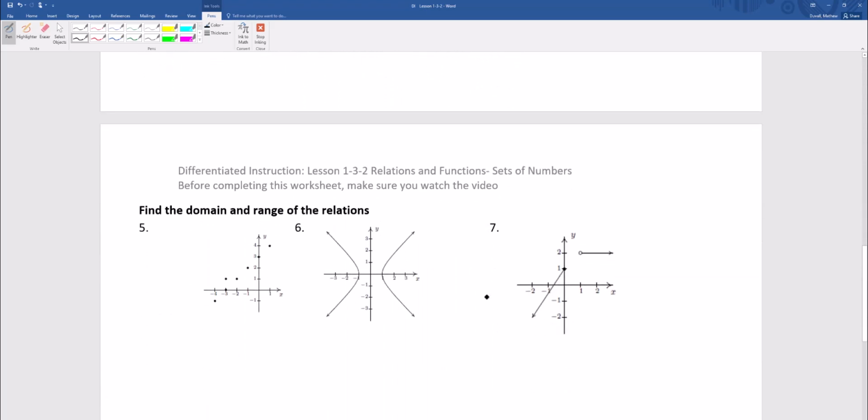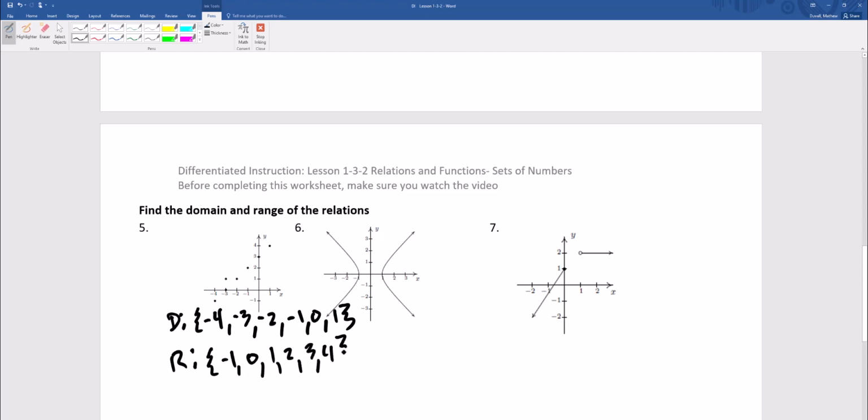Now the domain and range on the graphs here. If I wanted to find the domain of this, we're just going to list the values. Same with the range. I'm going to list the values, -1, 0, 1, 2, 3, 4.